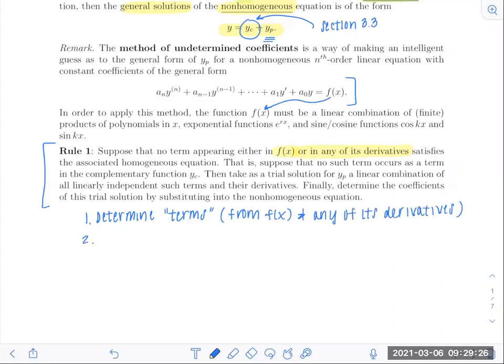Next, we want to compare the terms to the complementary function. We want to check and see if any of those terms are duplicated in the complementary function.